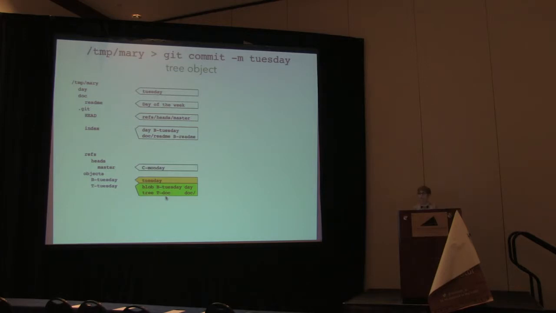Now, the doc folder hasn't changed, so we can just take that tree and reuse it, right? But the root directory has changed because it's now got Tuesday in the day file, right? So we need to remake this tree here. We need to make a new version of it and plug that in on a separate hash. And so we write the line for Tuesday. That's easy. We then find the doc folder, go and look for all the files that are inside that doc folder.